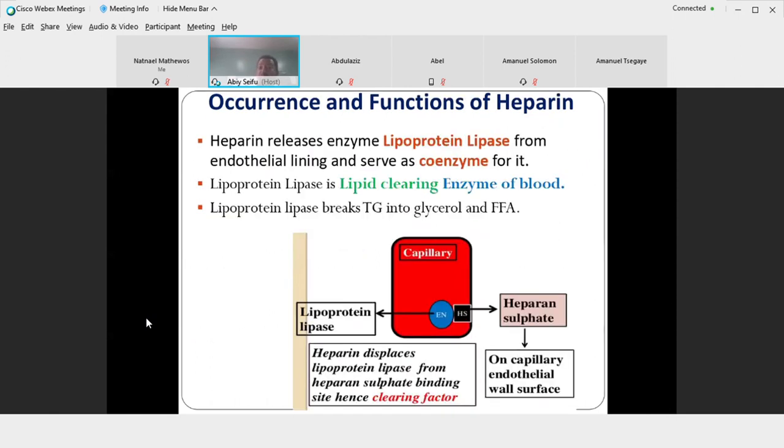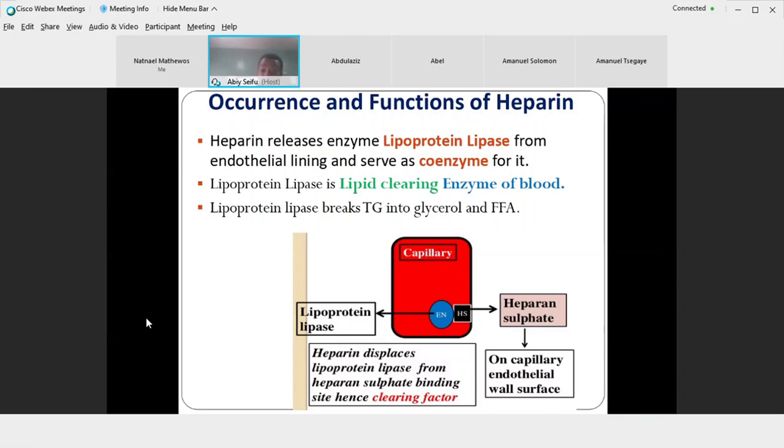And heparin, as I mentioned earlier, acts as an anticoagulant. Besides that, heparin is also useful to clear what? Lipids in our blood. How? We have an enzyme called lipoprotein lipase, and this enzyme binds with heparan sulfate in the capillary.